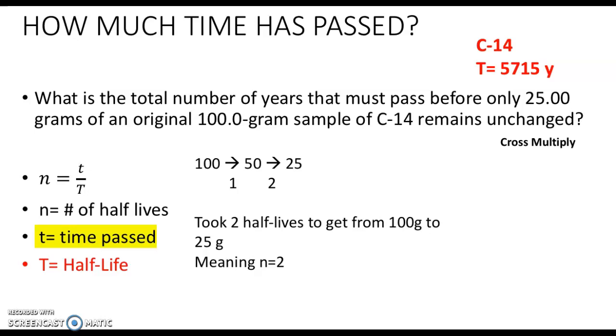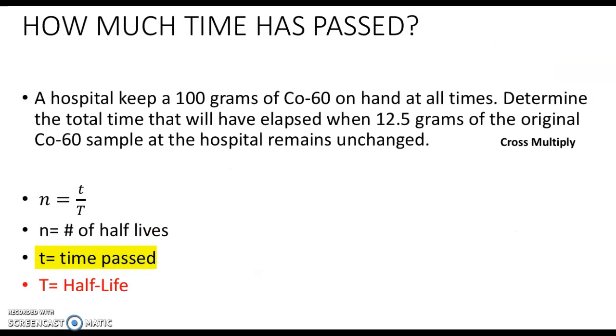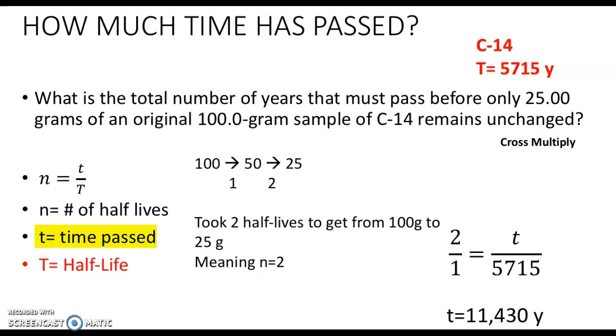Now, because my N value equals 2, and my big T is 5,715 years, I'm going to go ahead and plug it into the formula. So I know my N equals 2.